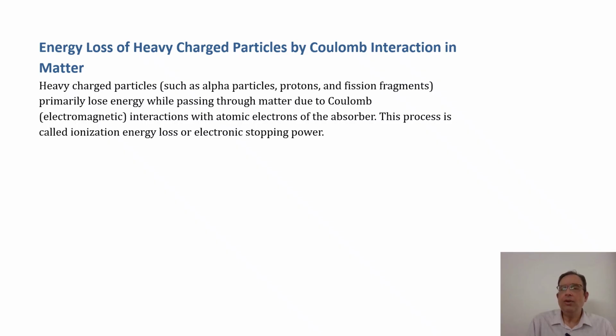So because the electrons gain energy and they either go to the excited state or they are released from the atoms, and in that case the medium becomes ionized. So this kind of ionizing radiation results in loss of energy of the incoming heavy charged particles, and that is the reason for the electronic stopping power. That is basically the power that is required to stop the incoming ionization by the electrons.